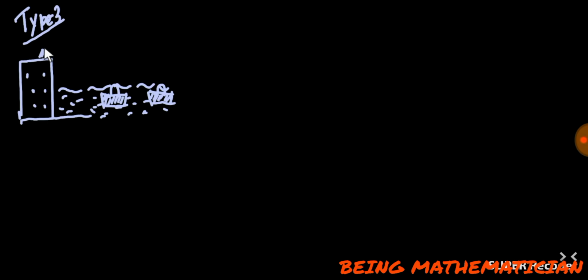One person standing here sees the first ship at the angle of depression 60 degree, and then sees the second ship at the angle of depression 30 degree.